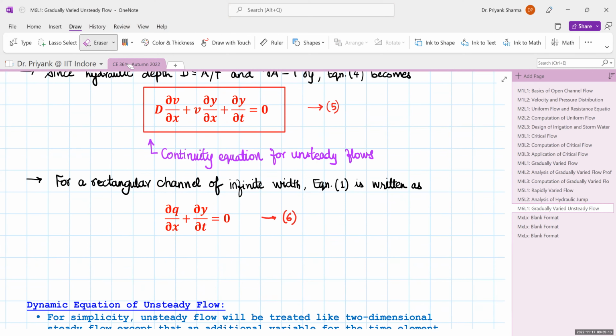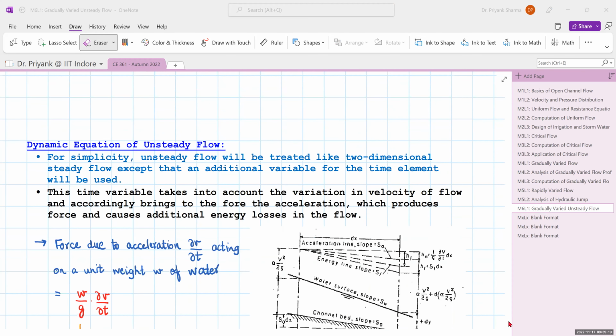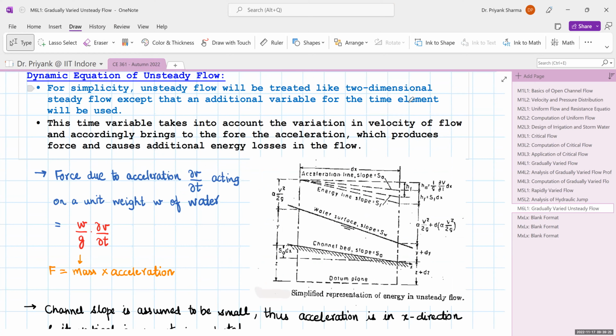Now, since it is an unsteady flow, we will also involve the equation of motion. That is the dynamic equation of unsteady flow. In this dynamic equation, we treat the flow in two dimensions for simplicity, and an additional element, a variable for the time element, will be used.